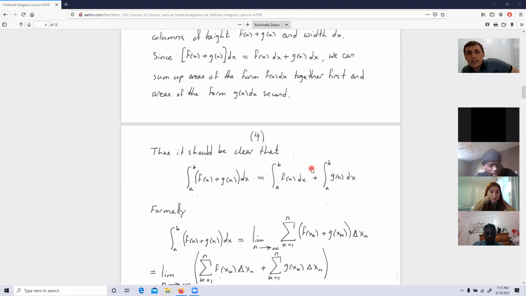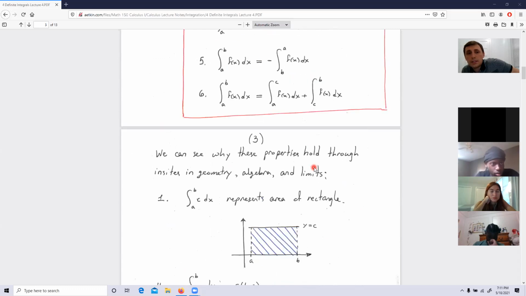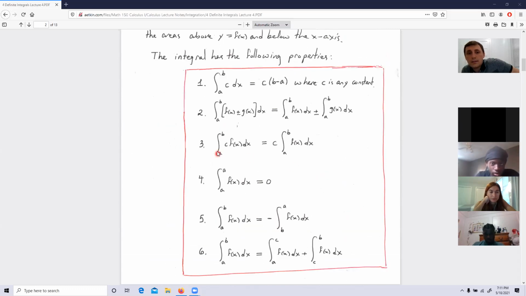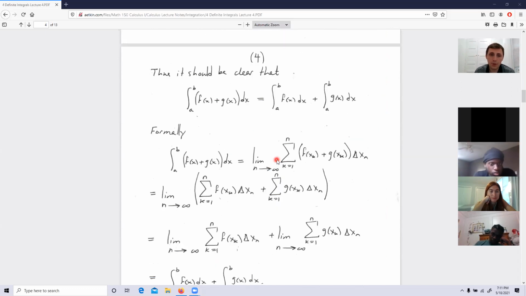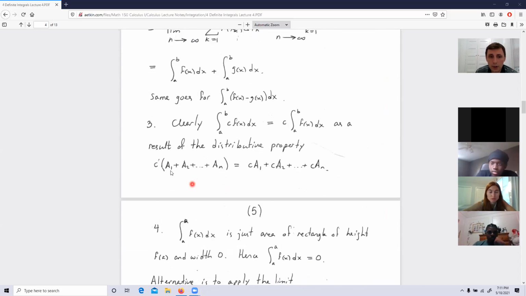Next, guys, is what is going to be next? Next is factoring a constant. It's the same as factoring something out of the sum. The reason the constant can be moved out is pretty much the same as why you can factor a constant out of parentheses, right? Out of a summation. That's property 3. You agree, guys?